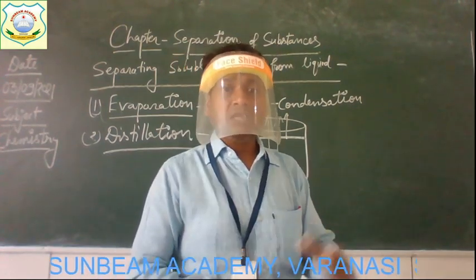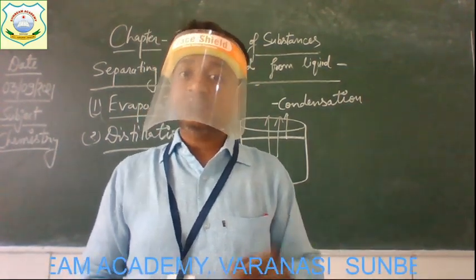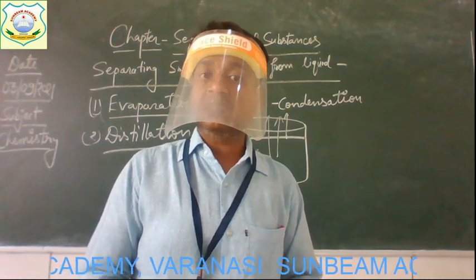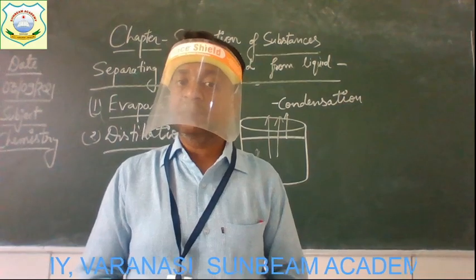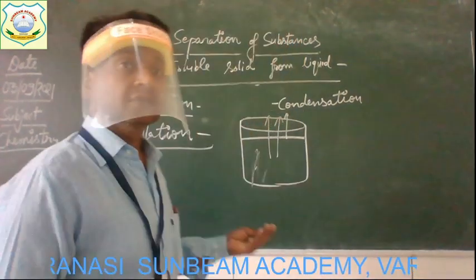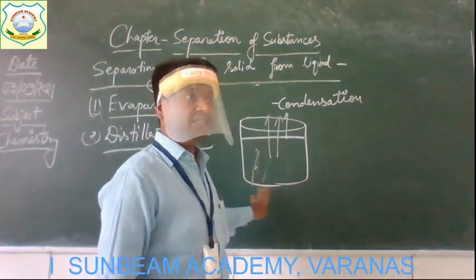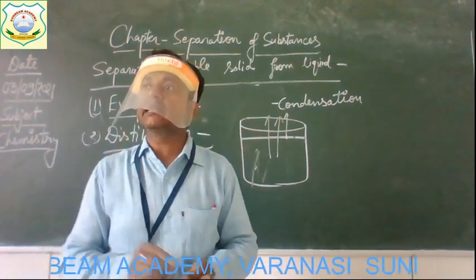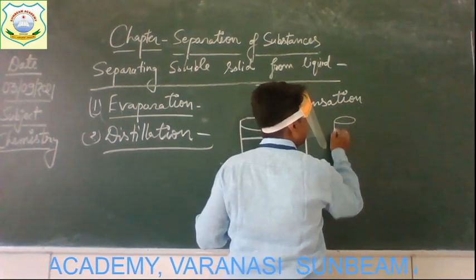Now, the distilled water is used in laboratories, and a special apparatus is used to get it. Water containing dissolved impurities is kept in a flask. This is just like a beaker, but a flask is also a container with a somewhat different shape. The shape of the flask is like this.